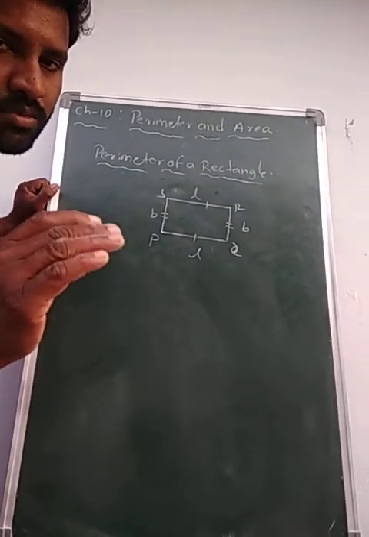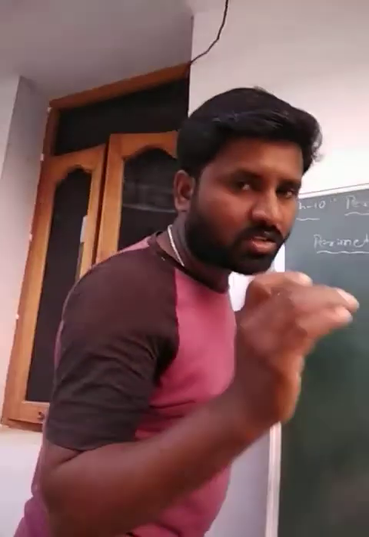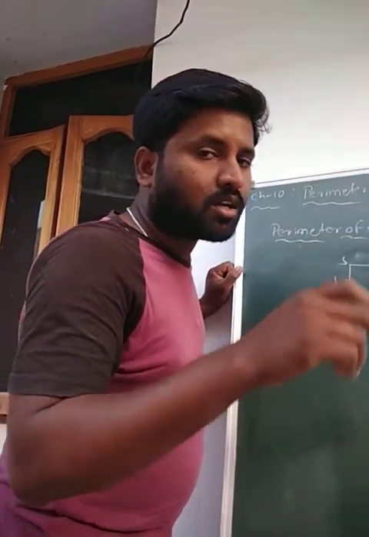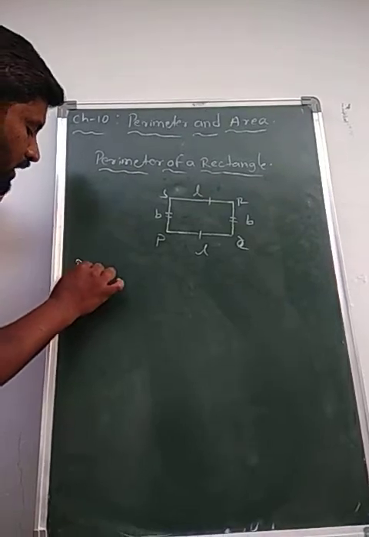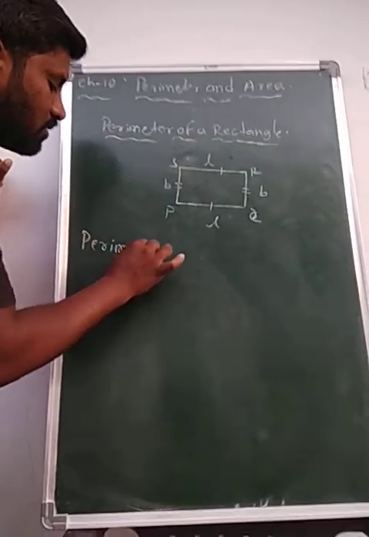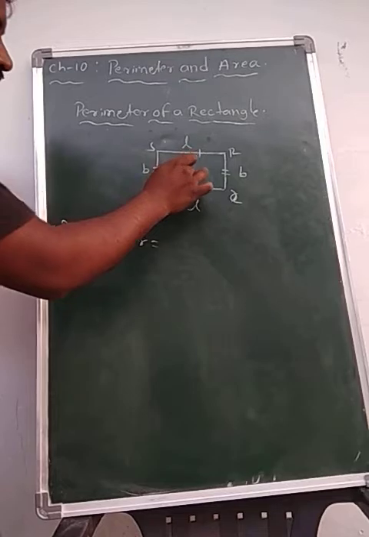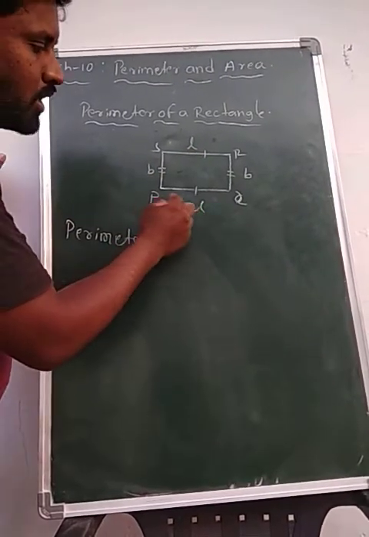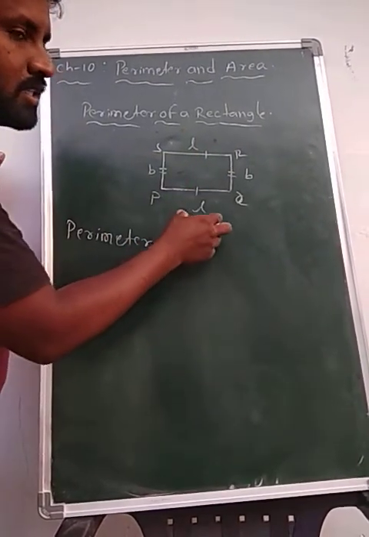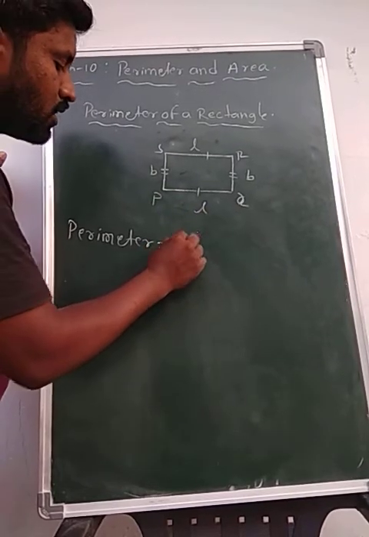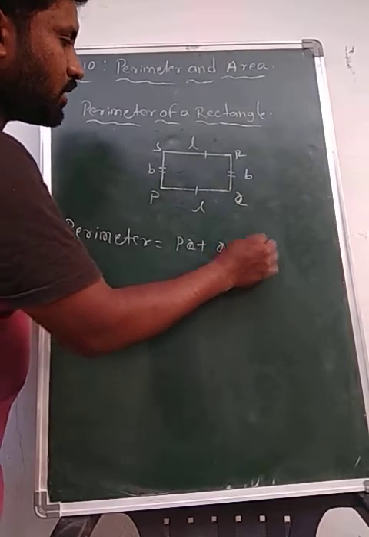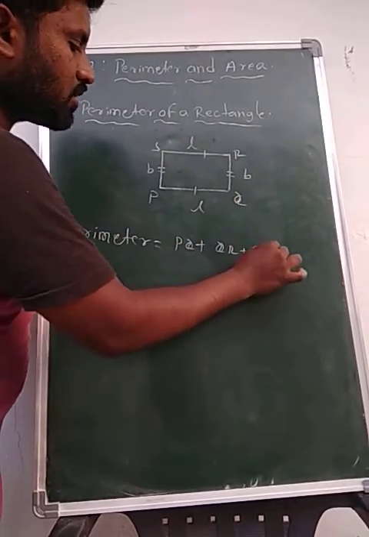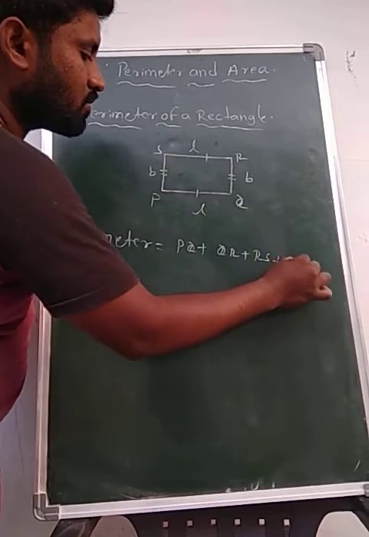Perimeter is nothing but the sum of the lengths of all sides of a closed figure. See here, perimeter of a rectangle is equal to, I am going to add the lengths of all sides. That is PQ plus QR plus RS plus SP.